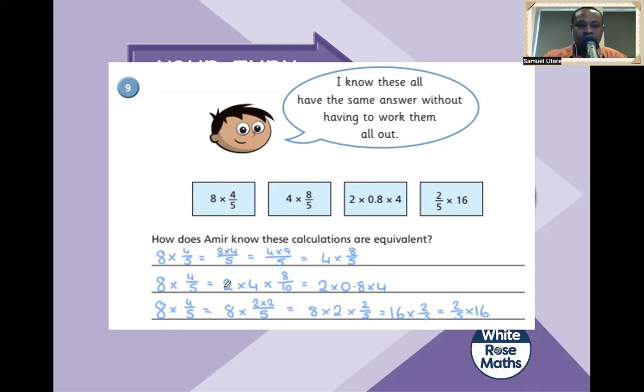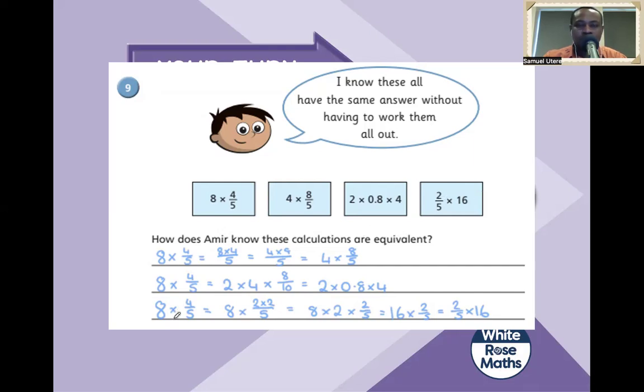So remember, you're multiplying this by integers, so this will be 8 times 8, which is 64 over 10. And if you look at the calculations, they all are equivalent.